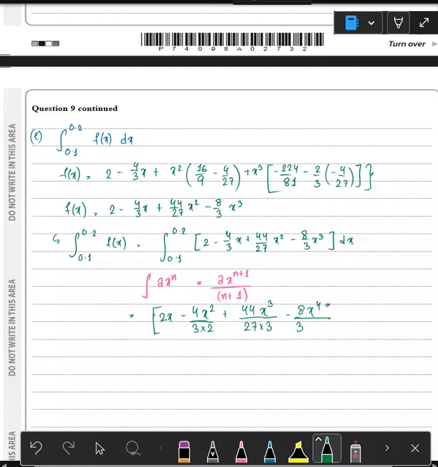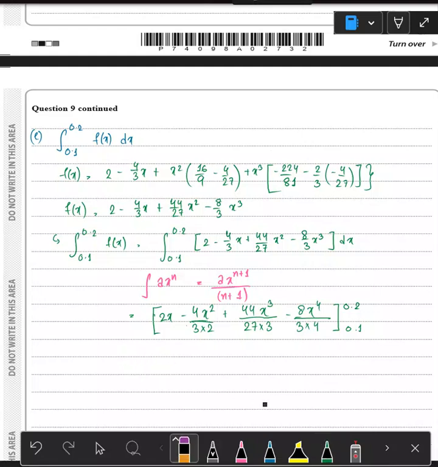So this will become 4, and you have to multiply the denominator with whatever the new power is in the numerator, which was 4. So I'll write just 4 there. Now you write down the limits here, so 0.2 and 0.1. So you can just right now work this thing out.